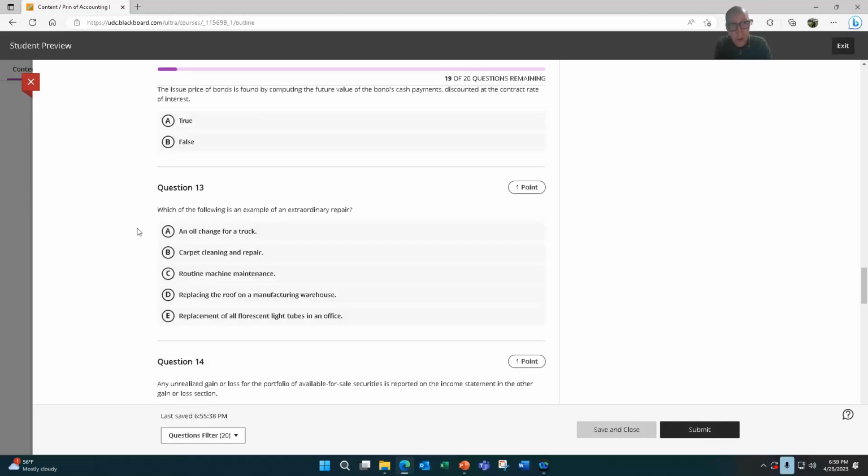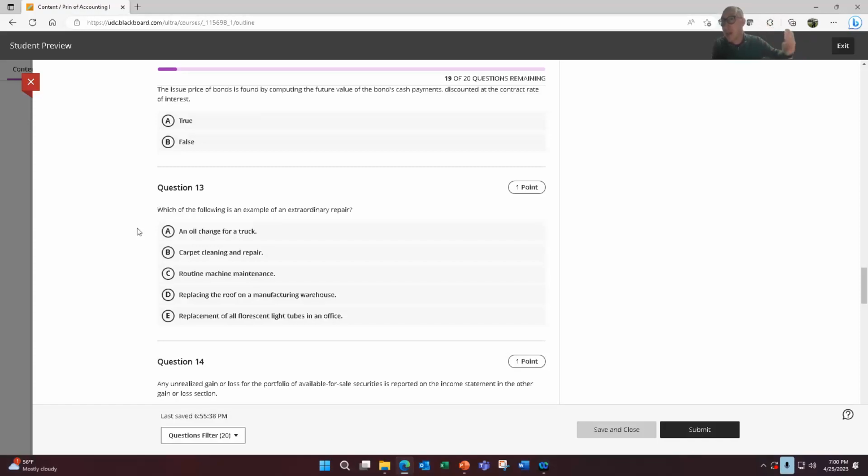Question 13. Which of the following is an example of an extraordinary repair? The definition of an extraordinary repair is a large repair expense that extends the useful life.